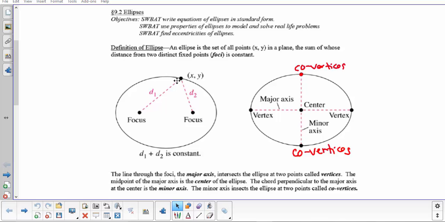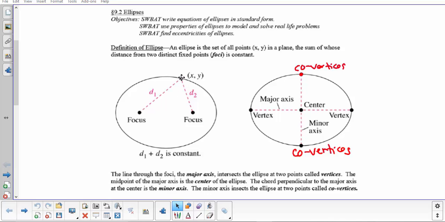If you look back at the main page on PowerSchool Learning for section 9.2, there are two videos showing how you can draw an ellipse using two fixed points and a piece of string. That's a really good demonstration to watch to show how, if you were to take a string and work its way around, the length of the string never changes, but based on where these two foci are located, the sum of the distances from those always stays the same.